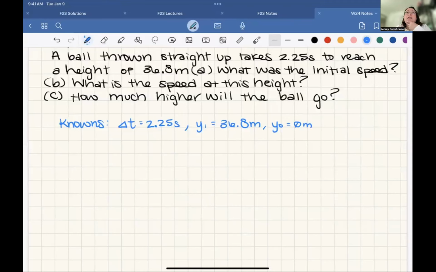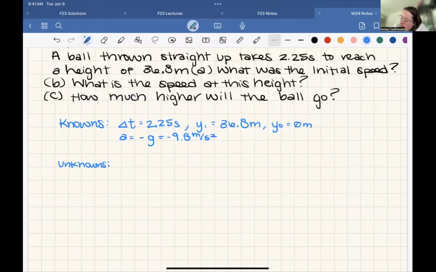And then the other thing is this is free fall. So that means the acceleration is the acceleration due to gravity, which is negative g, or negative 9.8 meters per second squared. Okay, and we should write our unknowns.